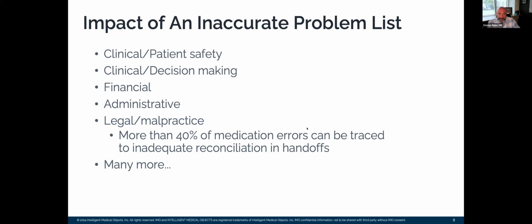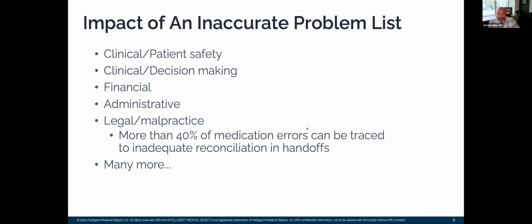We know that there is a list of HCCs that must be addressed. The severity of how sick a patient is often determined by how up to date the problem list is. So an underrepresented clinical situation for a patient could result in lower reimbursement in either a capitated or a risk-based situation.